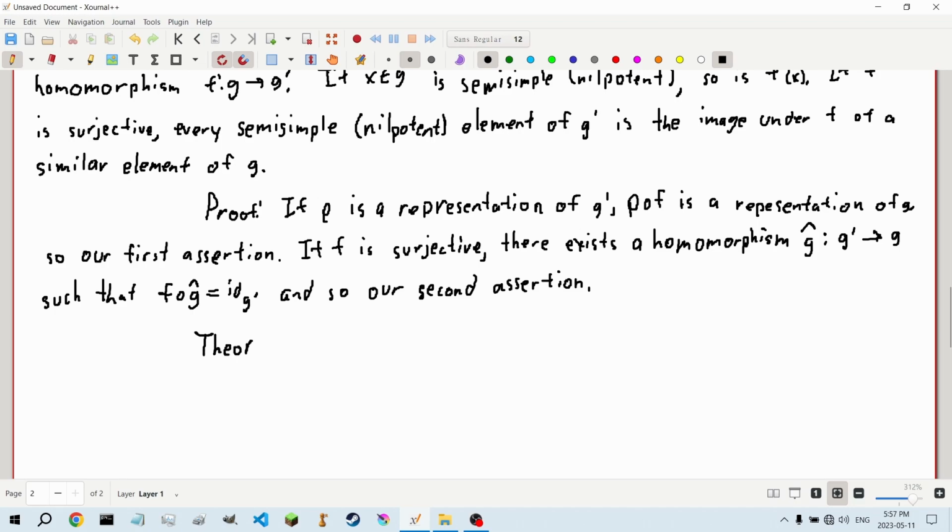Our theorem. Let G be, as you'd expect, a semisimple Lie algebra. There's two parts.